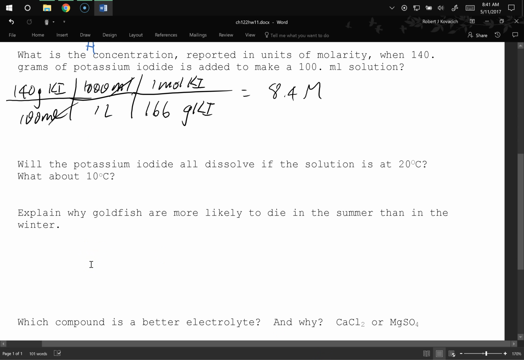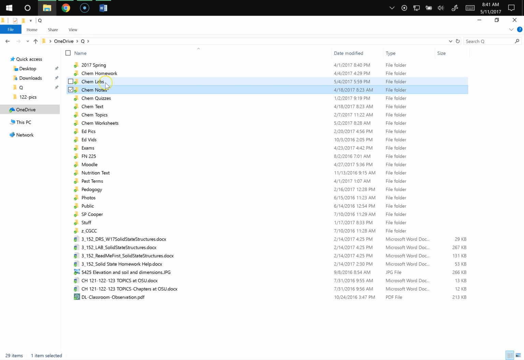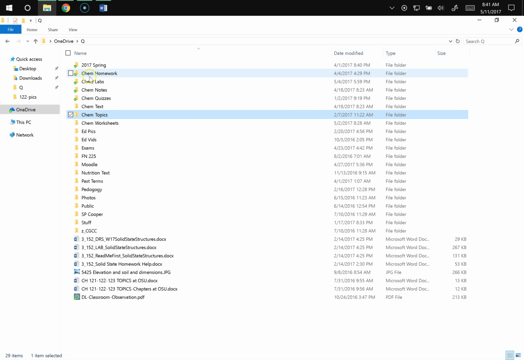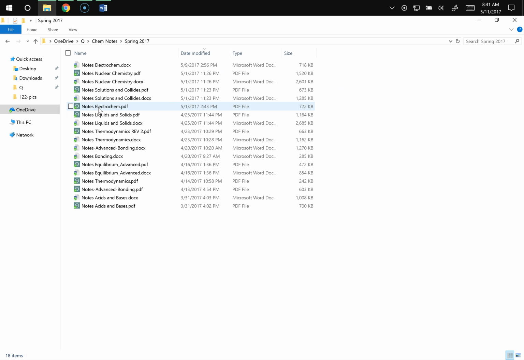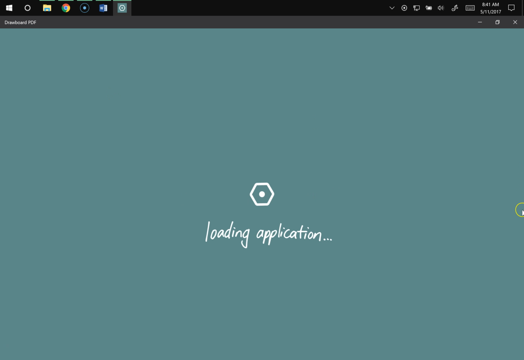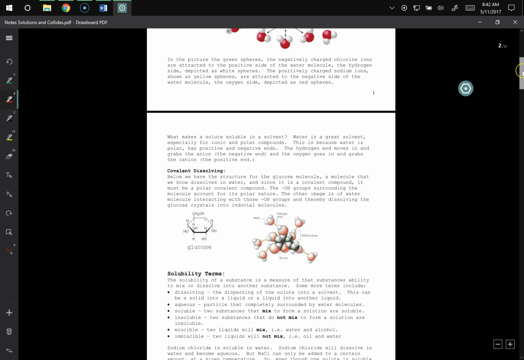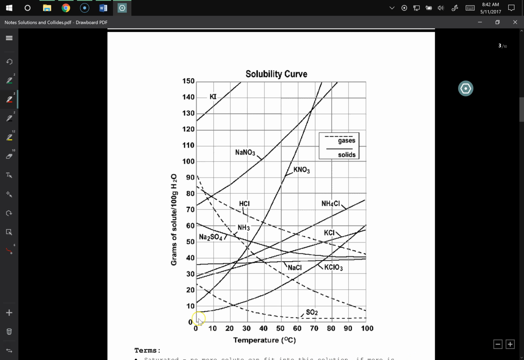Will this potassium iodide dissolve at 20 degrees? What about at 10 degrees? So how do we answer that question? Look at that graph. Solubility curve. Okay, so here's my solubility curve, and we're looking at 10 degrees.